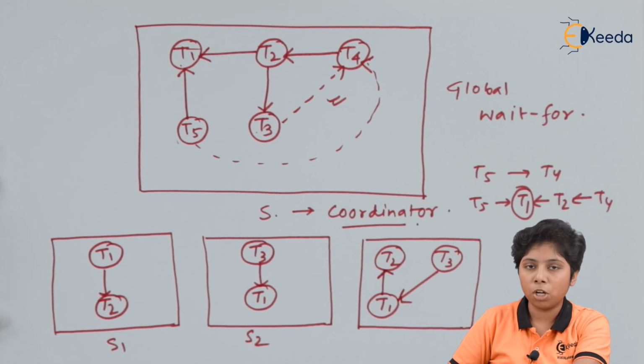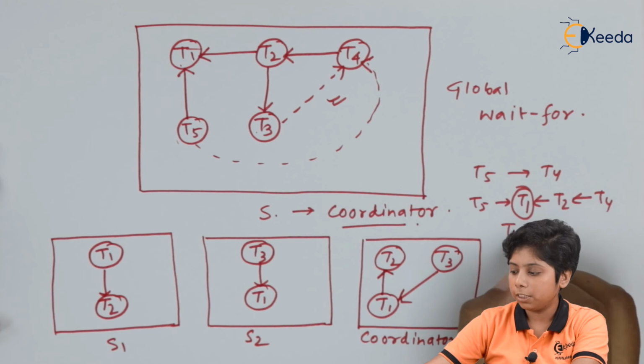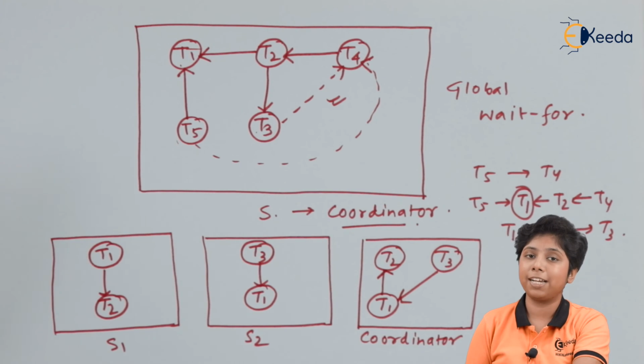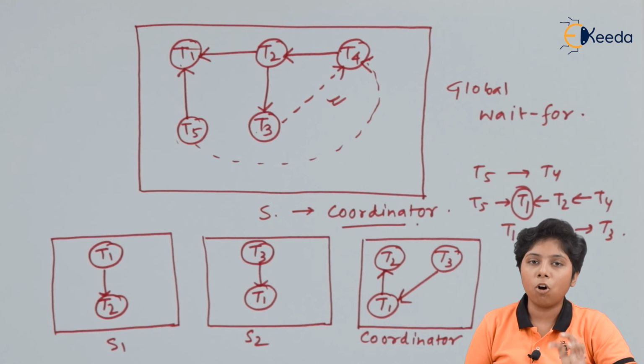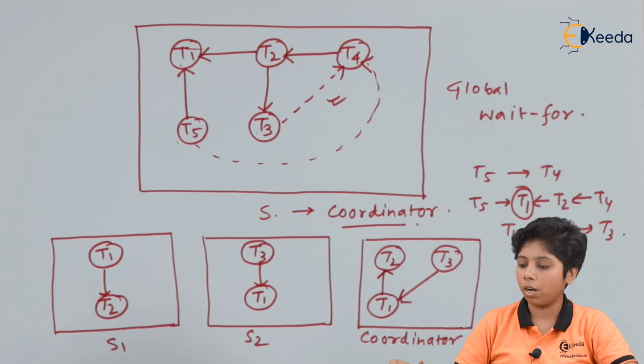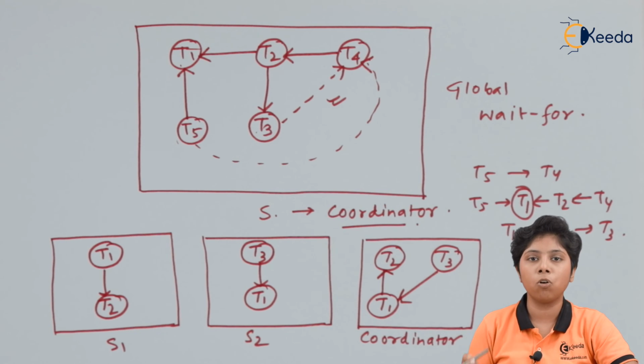So it just observes a false cycle by this coordinator which involves T1 to T2 to T3, which is not desirable. Now we can omit this type of false cycle by making sure that at the time when there is a new edge in the local wait for graph, it is updated in the global wait for graph immediately.